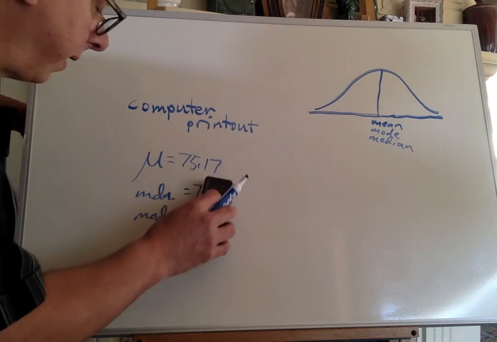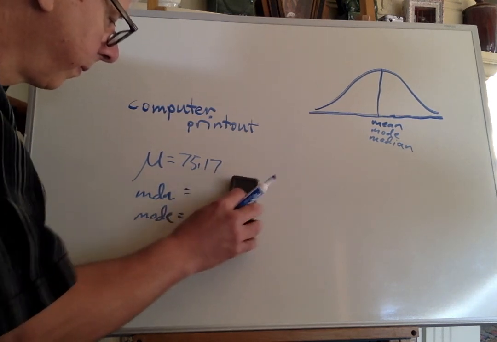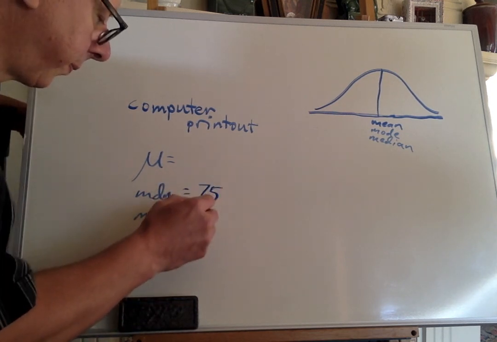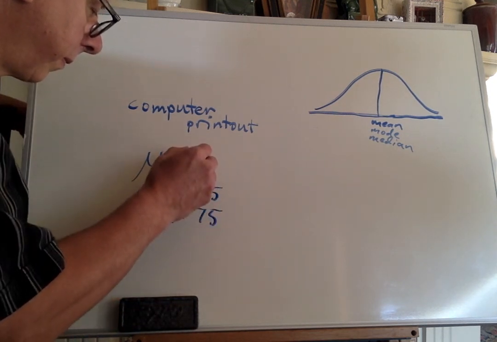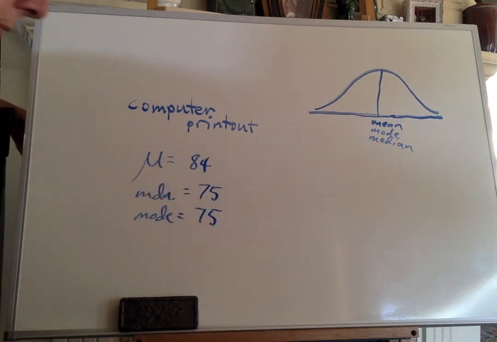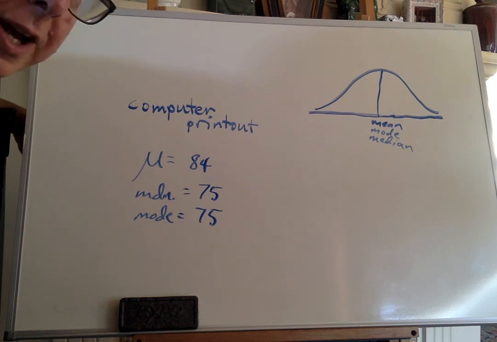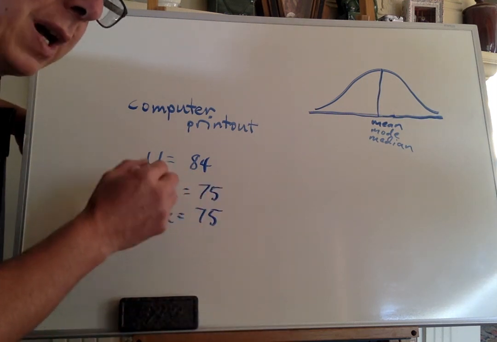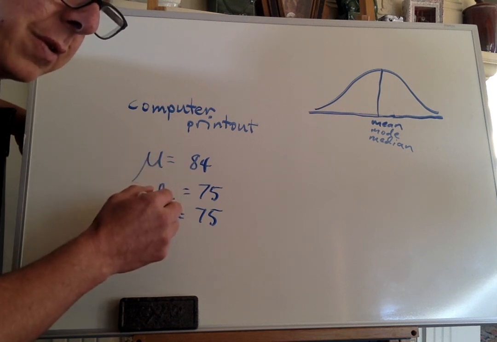What if you had a computer printout that said this? And people are like, yeah, what if I did? Right? So what? Well, this is an indication that we have a positively skewed distribution.